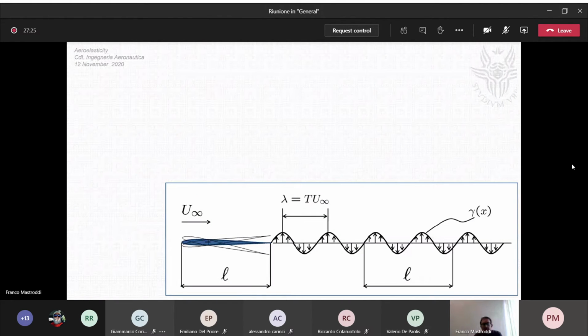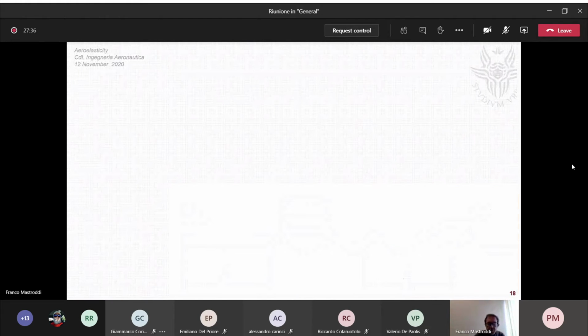In order to do that, we have to imagine a harmonic motion, okay? And for example, in this figure here, I am imagining a pitching harmonic motion. Pitching harmonic motion means that I am considering this term here, for example.